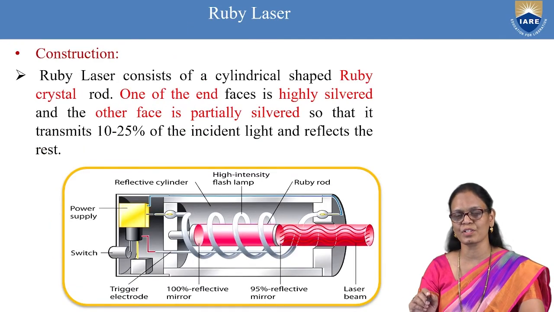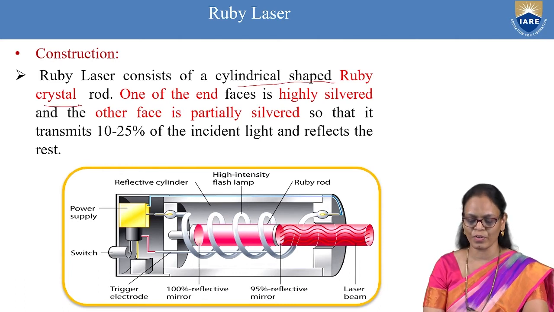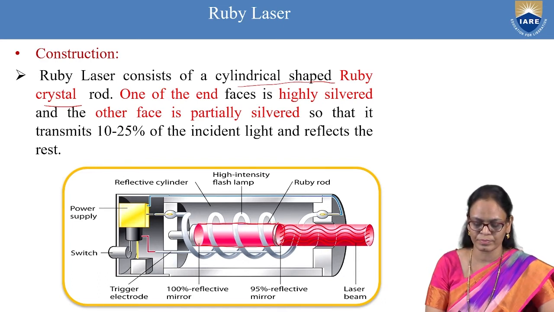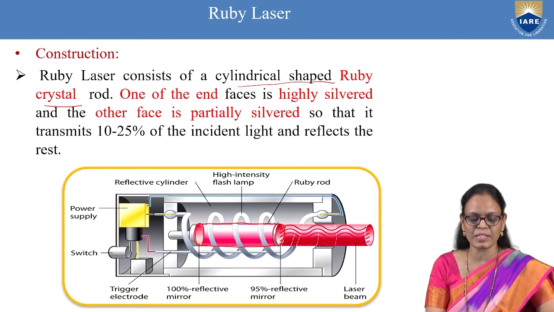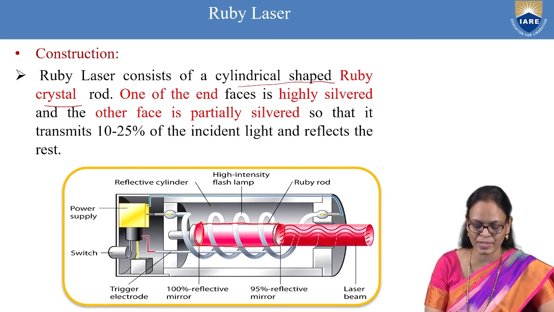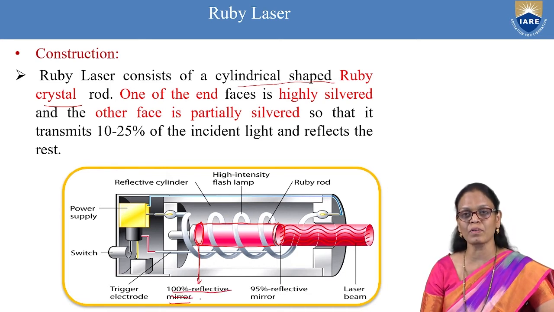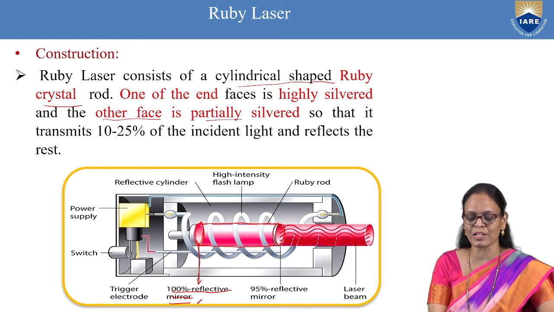Now let us see the construction. In the ruby laser, what we see is a cylindrical shaped ruby crystal rod. If you see in the figure here, this is the rod, this pink colored one. Cylindrical rod. One end face is highly silvered. If you see here, this face is highly silvered, 100% reflective. And the other face is partially silvered.